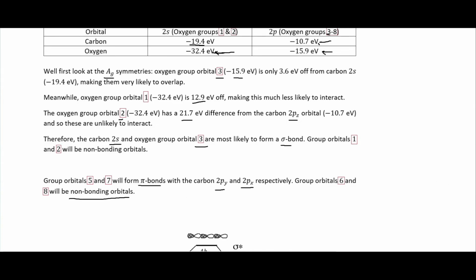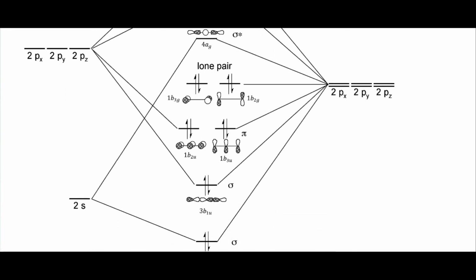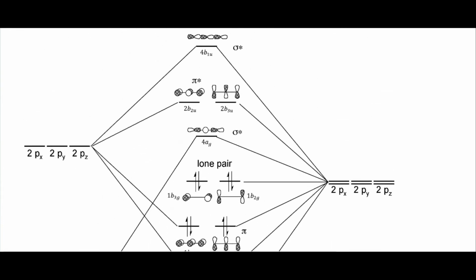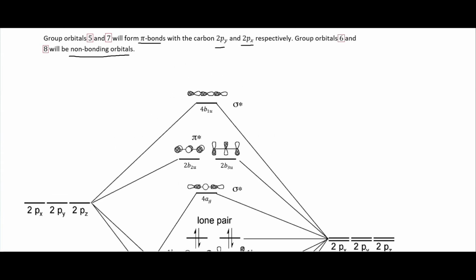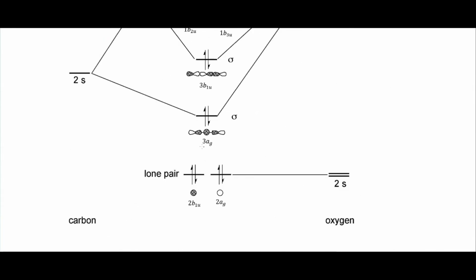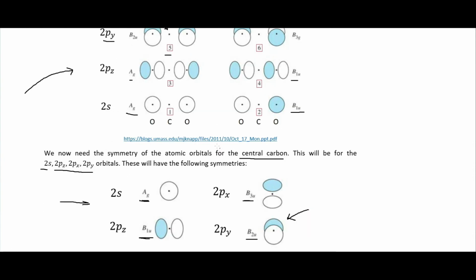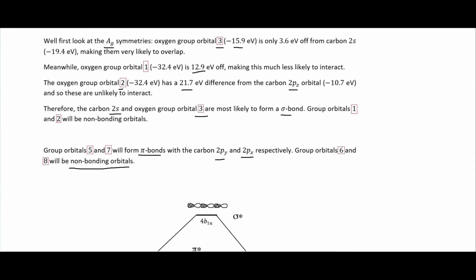And so we can actually look at the energy diagram here. So we see this is getting a little bit complicated, even just for a 3-atom molecule. So we have our sigma bond right here, which is the 2pz orbitals, or the group 3 up here, which is what we said is going to be forming the sigma bond.